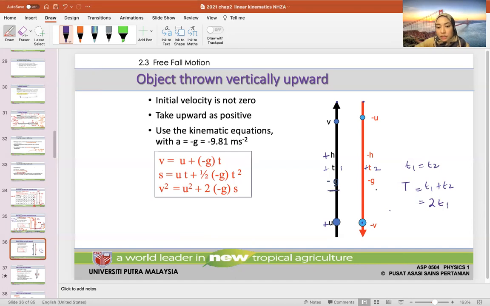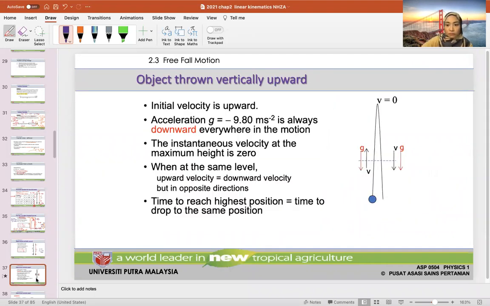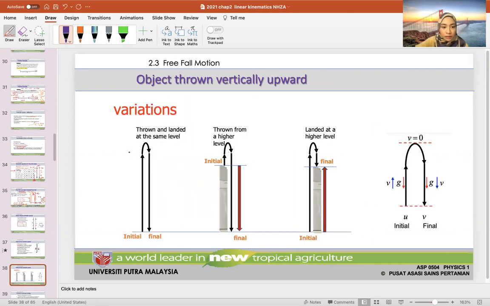Capital T is the total duration. And you can see here that the acceleration is always minus g. I told you just now that at the top, V is equal to 0. V is always equal to 0, no matter what. If we have a situation like this, where initial and final are the same, V equals 0.